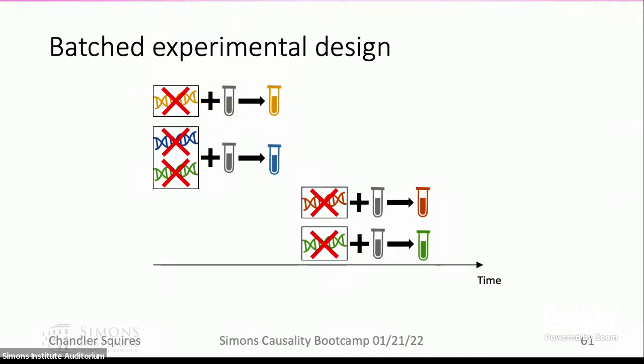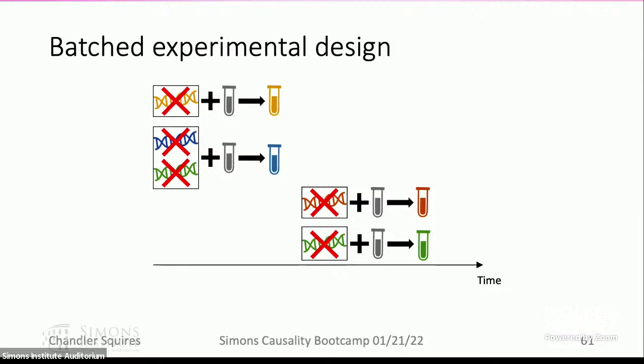Another point is this hybrid between single round experiment design and multi-round experiment design. So in the single round, we said, okay, we have to decide on all of our experiments all at once, and then we observe the outcome and we don't do anything after that. And in the sequential setting, we said, I decide on one experiment, I do that, I decide on the next experiment, I do that.